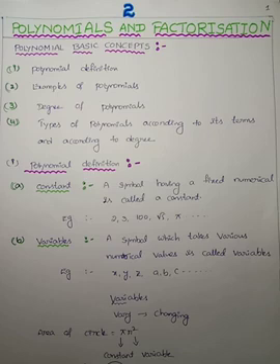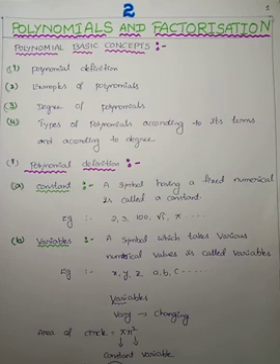These are polynomial definitions, examples of polynomials, degree of polynomials, and types of polynomials according to its terms and according to its degree. So we will learn all these basic concepts of polynomials. First of all, we are learning about the polynomial definition.